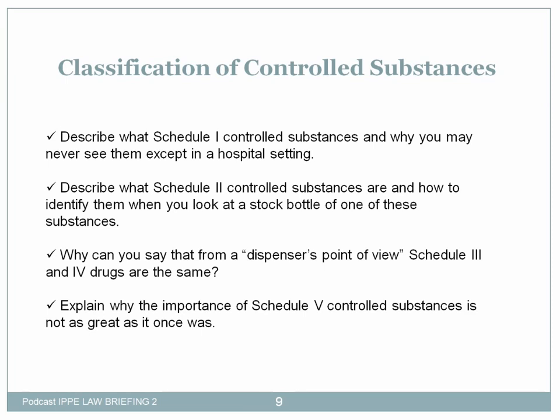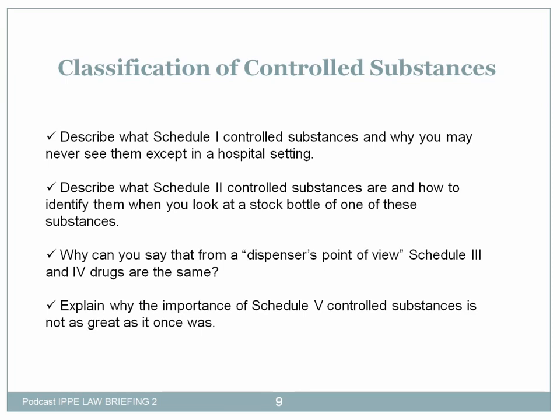Schedule 5 drugs are among the controlled substances least likely to be abused, and they also have a legitimate medical purpose. There are many Schedule 5 drugs that were on the market until very recently and no longer are, so the classification of Schedule 5 is not as important as it once was. There used to be a large number of drugs that were Schedule 5 and yet non-legend drugs. In other words, they were controlled substances, but they were not prescription-only drugs.